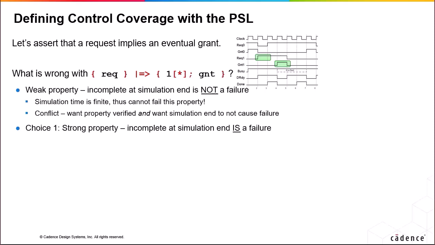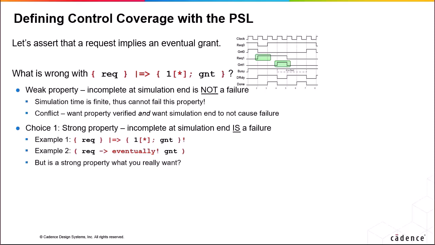To rewrite this as a strong property, you can make the consequent sequence strong, or you can just use the strong eventually property operator. This actually verifies the property, but now, if an attempt of the property is ongoing, and your simulation terminates for any reason, the simulator reports a failure of that attempt. Is this what you really want?